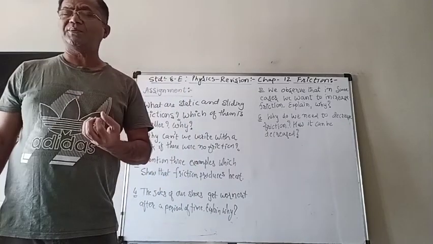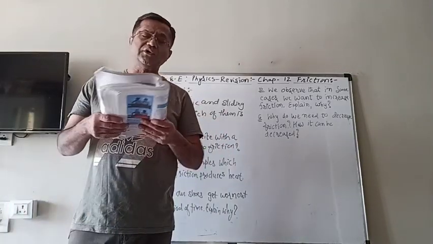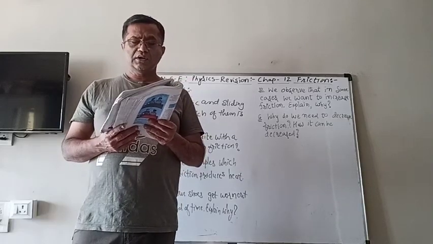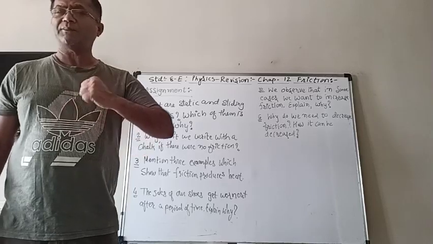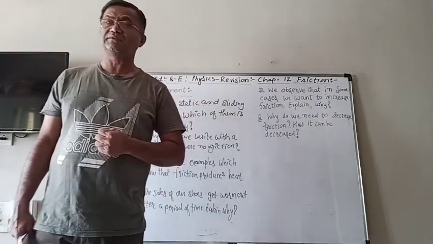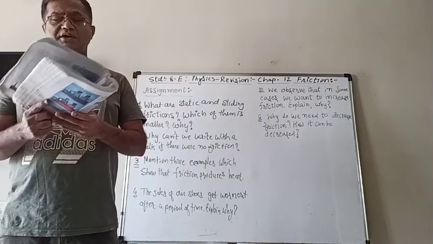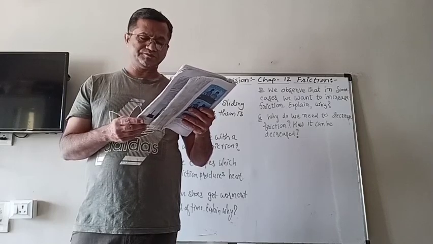Similarly, if there were no friction, we won't be able to walk on the floor also. You know, when you want to walk on ice, can you walk properly? No, because it is a very smooth material, and therefore it is not possible to walk on it.